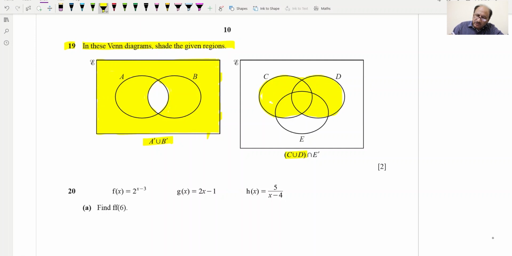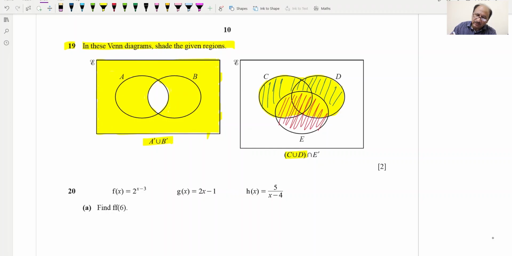This is our C union D part, and we have to take intersection of this with E complement. E complement will not be including E, so excluding this region. So if we exclude this region, the remaining portion will be only this region.